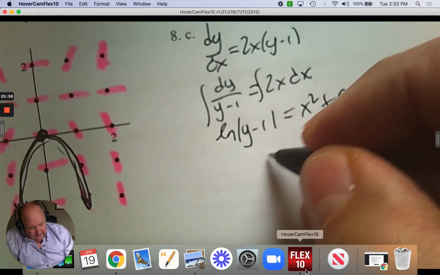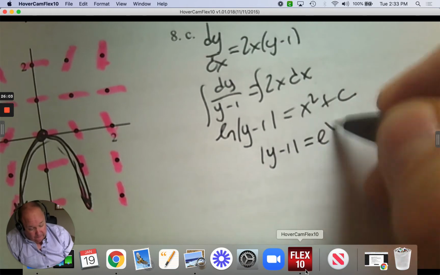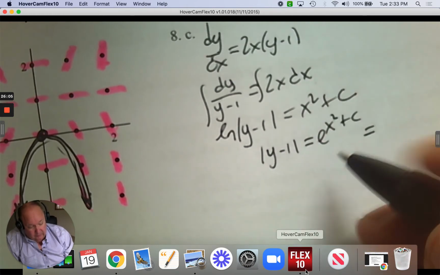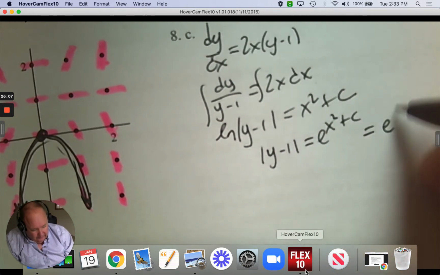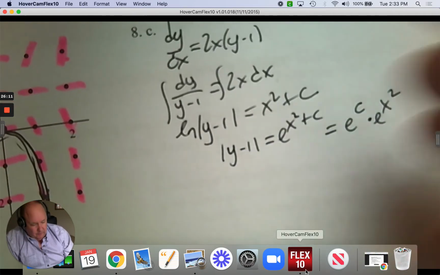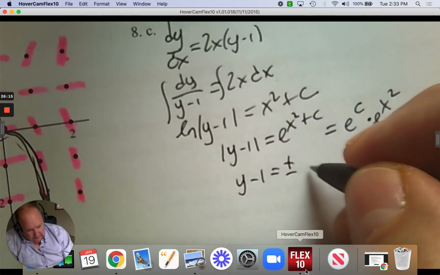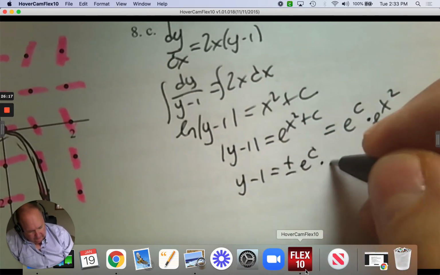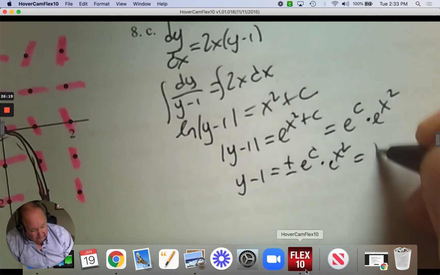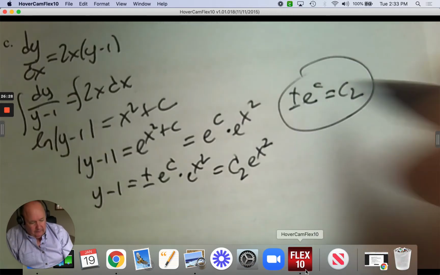You know to write it as an exponential: e to the c times e to the x squared. And then to remove the bars, it'd be plus or minus e to the c times e to the x squared. Then we're going to redefine it, so it's just one constant there. So plus or minus e to the c is now that. So we've redefined the constant.